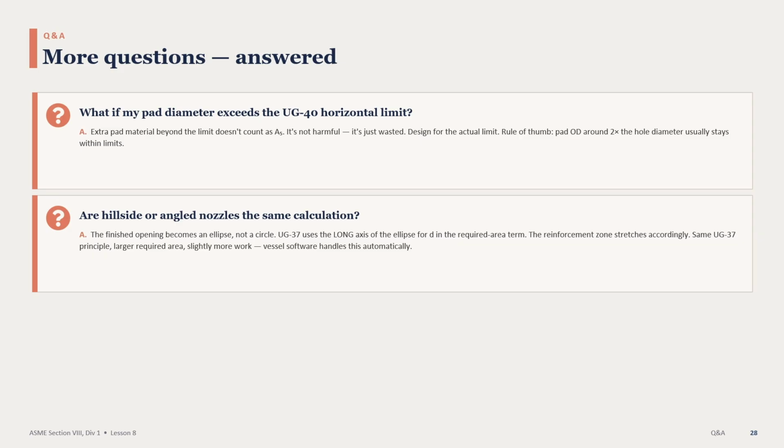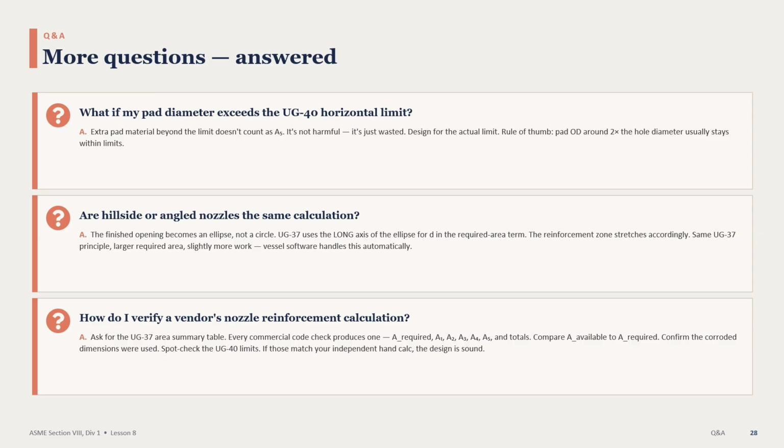The reinforcement zone also stretches to accommodate the ellipse shape. Same UG-37 principle, slightly larger required area, and considerably more work by hand. Vessel design software handles all of this automatically, which is why you will almost never do this by hand.